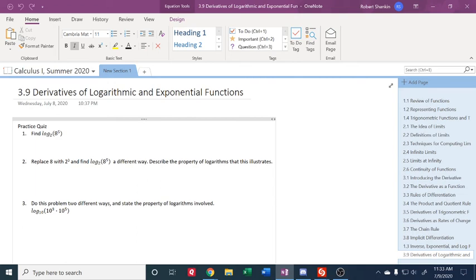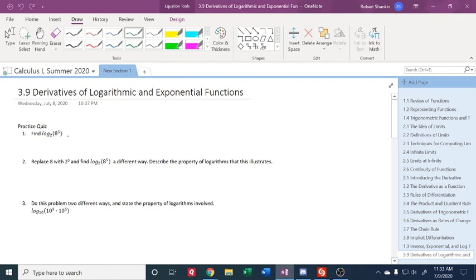All right, does anybody still need more time? All right, then let's look at problem number 1. One way to do it is to use rule 3 of logarithms. This one comes out front.